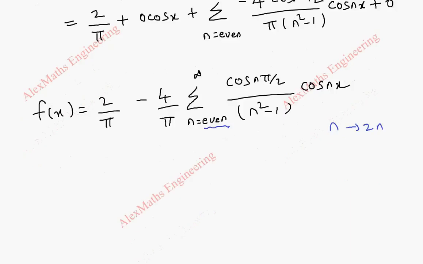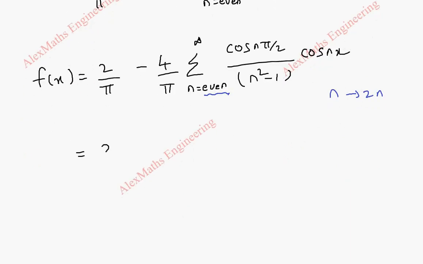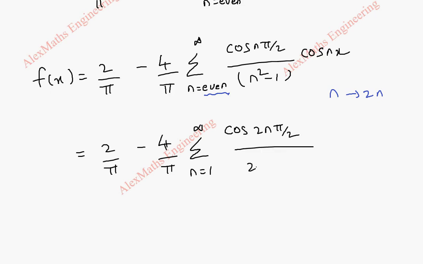So I am going to replace it here. So this becomes 2 by pi minus 4 by pi summation n equal to 1 till infinity cos 2n into pi by 2 by 2n whole square minus 1 into cos 2nx.